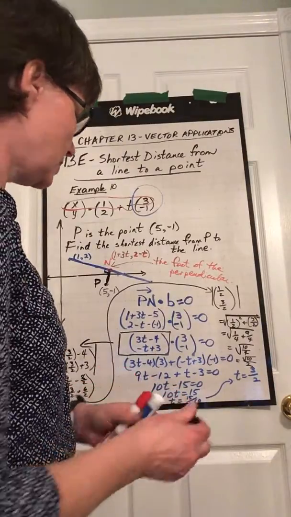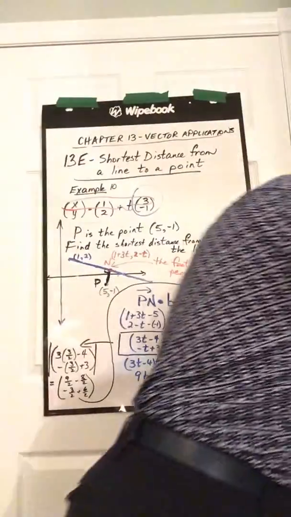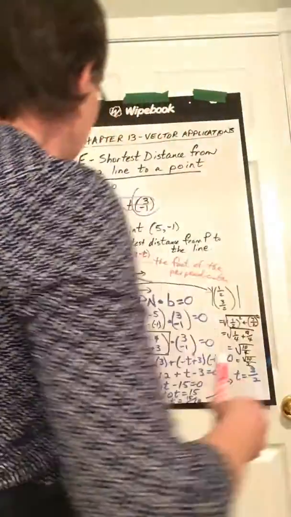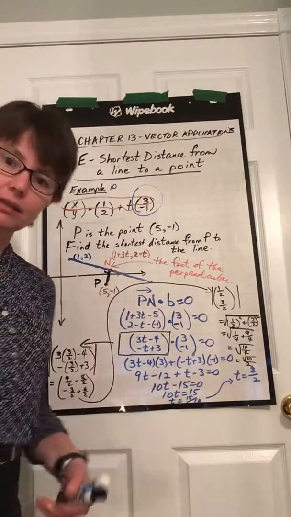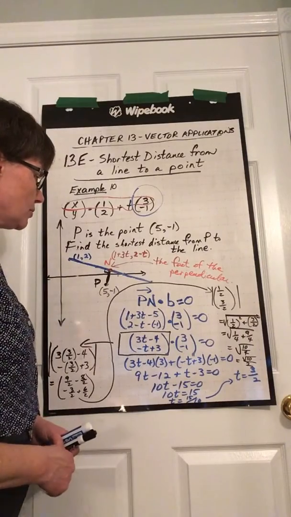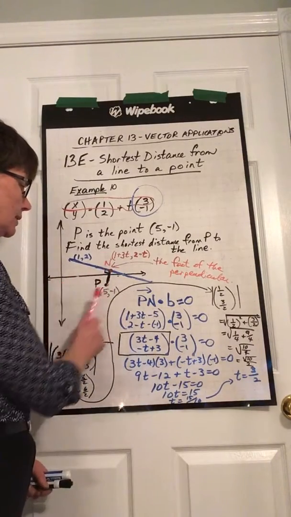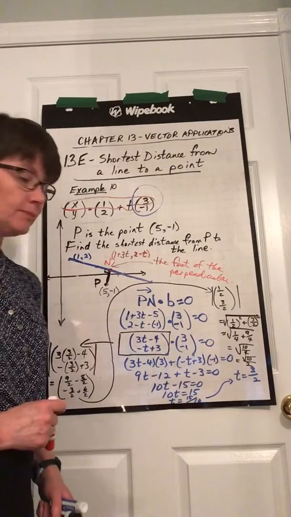So the steps we did are, first of all, I drew it out for you so you could see that when we're finding the shortest distance from a point to a line, that's going to be the perpendicular.